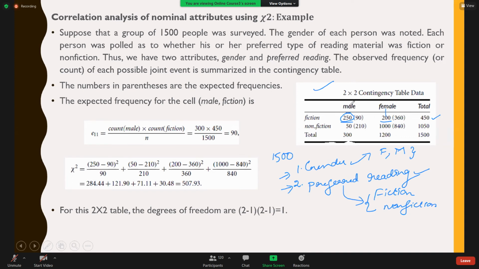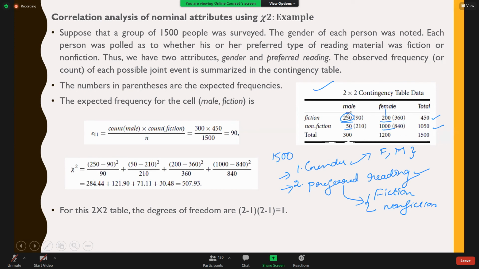And next, 50 male prefer non-fiction books. And next, 1000 female prefer non-fiction books. 1000 plus 50 is 1050. So the total number of persons who prefer non-fiction books is 1050.